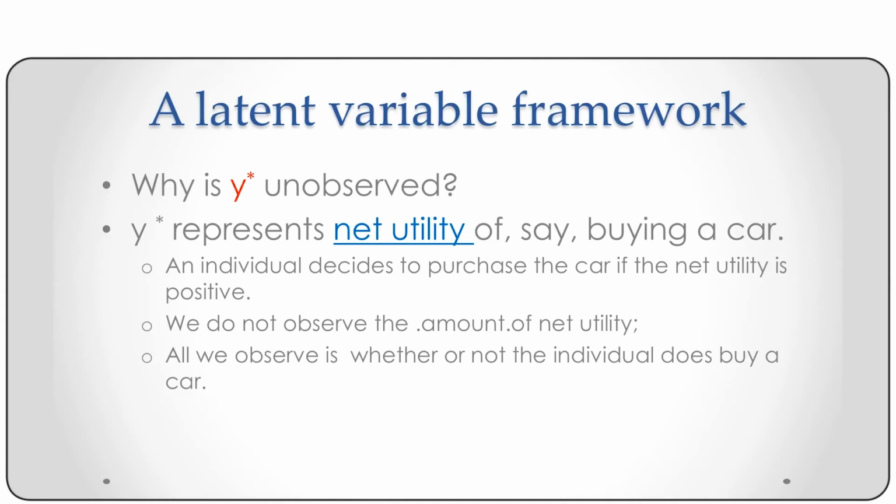So consider another example where we want to predict whether or not an individual will buy a luxury car. Now, the chance of buying a luxury car might depend on some observed covariates, his income, say, the city he lives in, his age, but it might also depend on some unobserved covariates, in the sense that two individuals with exactly the same set of covariates may not have the same tendency to buy a luxury car.